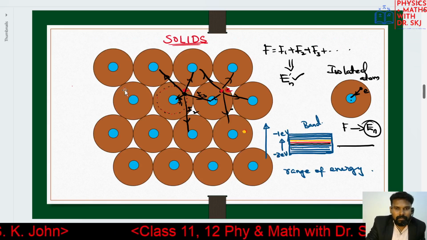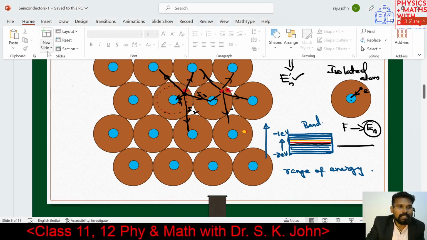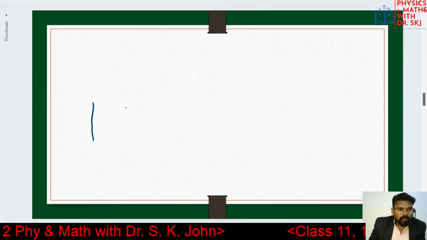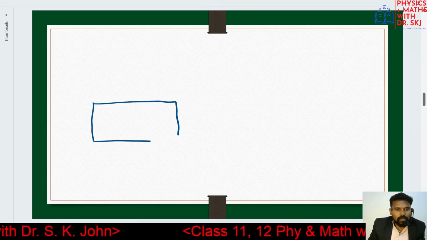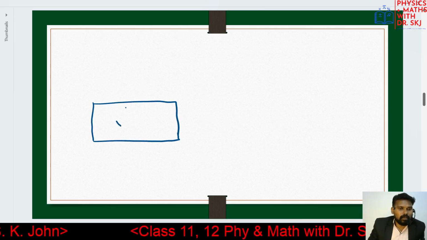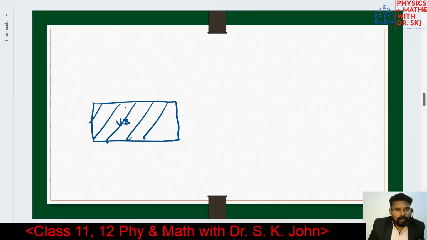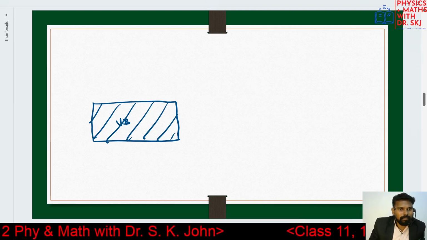I will explain it on the next page. One is the valence band, the other is the conduction band. Valence band means the energy of the valence electrons. Usually, the valence band will be fully occupied. And there is another band, which is known as the conduction band.